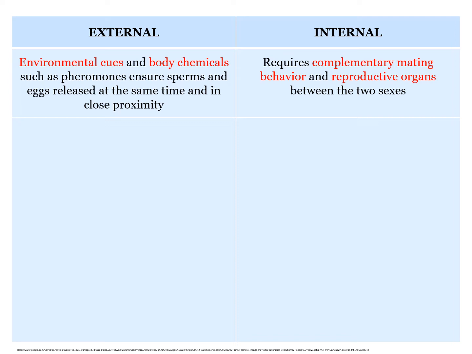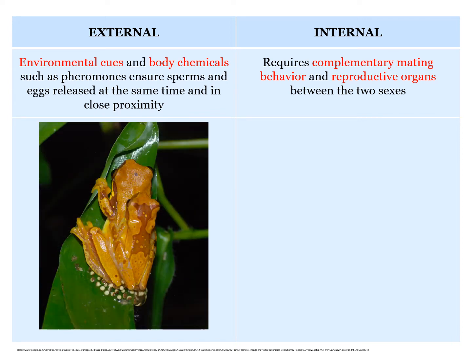Animals which undergo external fertilization usually rely on environmental cues and body chemicals in order to ensure the success of fertilization. Since the union of gametes takes place outside of the female's body, it is crucial to make sure that both sperm and egg cells are released at the same time and in the same place.